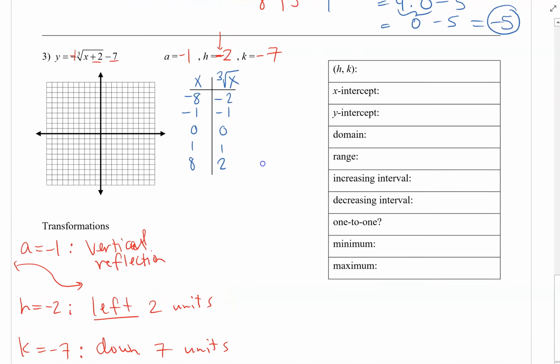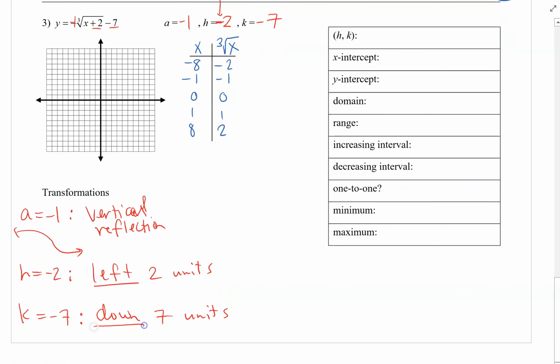Since it's adding to the y-coordinate, it creates a vertical shift, so it's down 7. This one was left 2. So if I were to eyeball this graph, I know that my hk, my middle point, is at -2, -7. That's going to be right where that point of symmetry, or that inflection point, is.